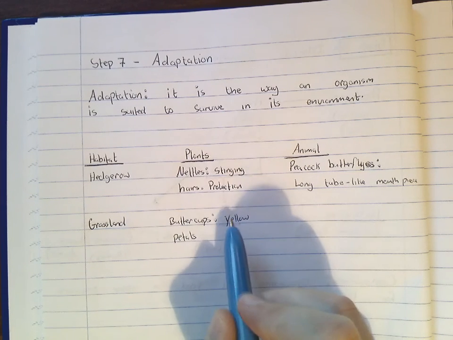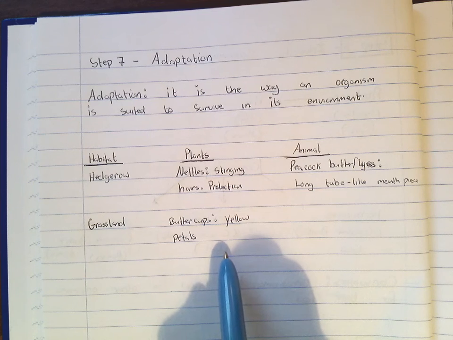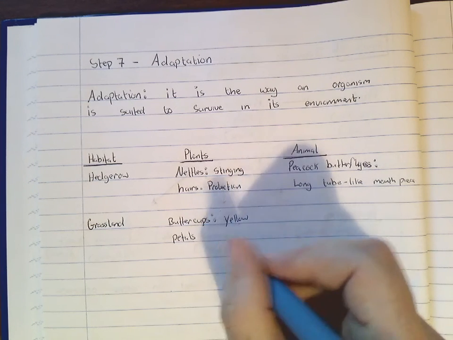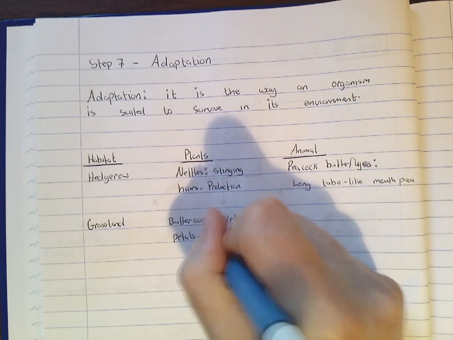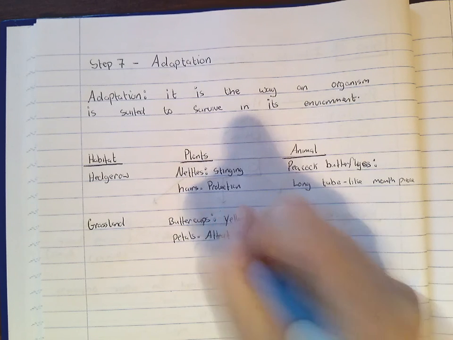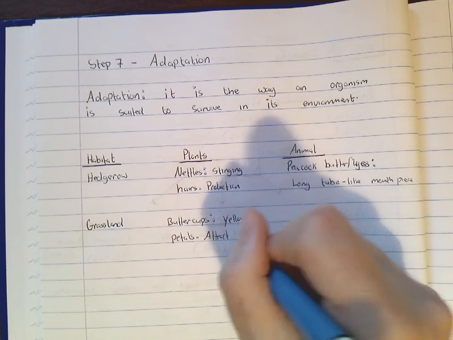These yellow petals are an adaptation that this particular plant has. And what that does is the yellow petals attract pollinators.